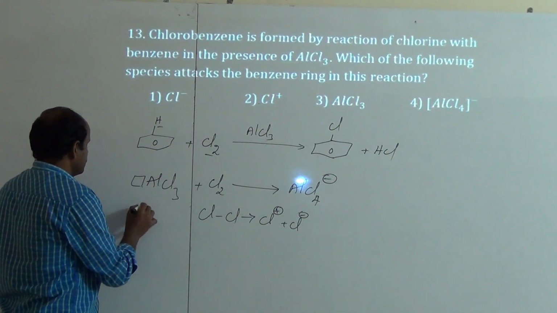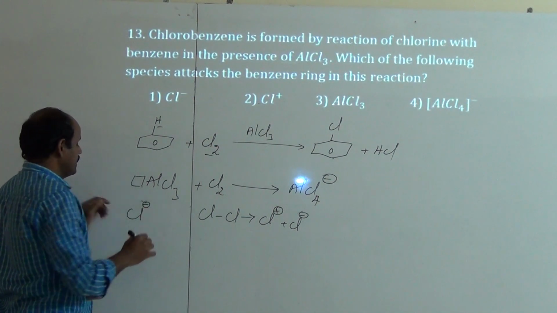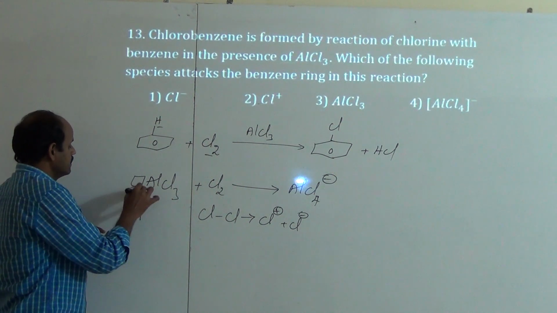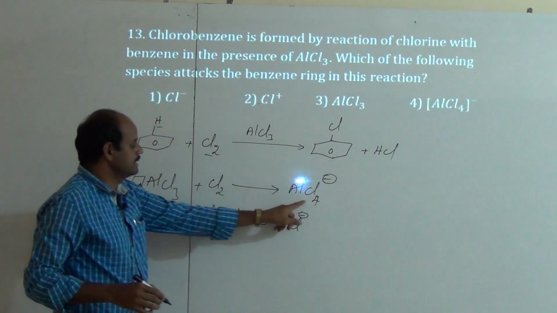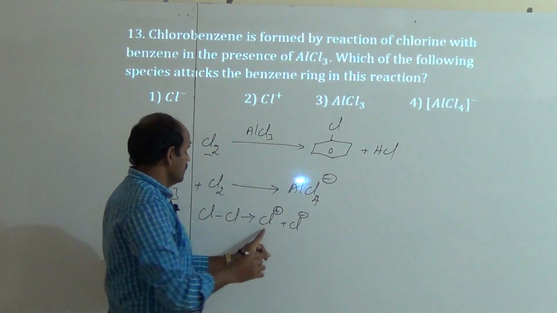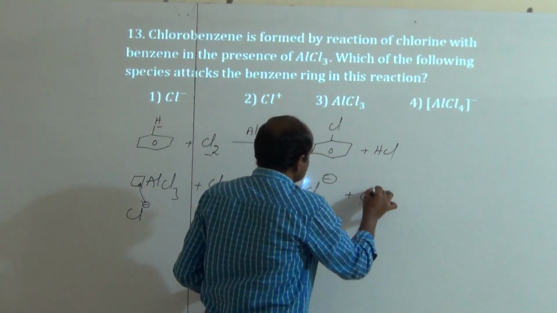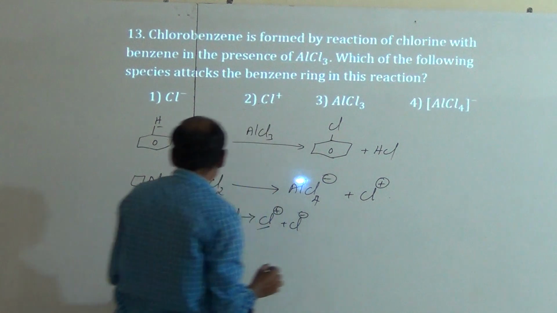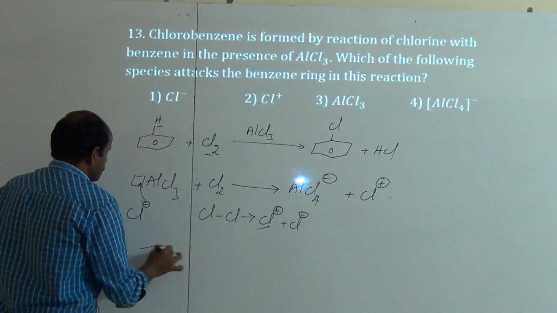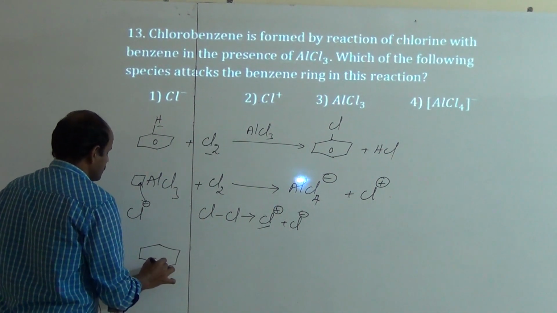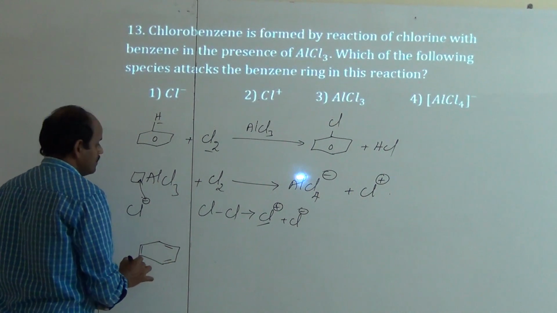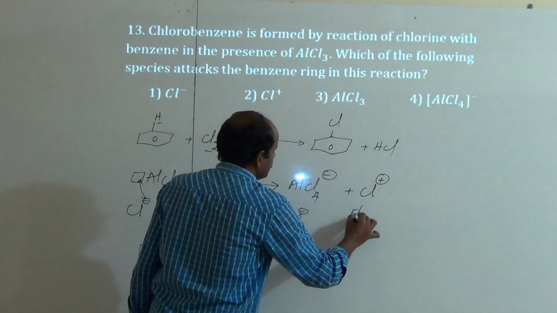Cl minus has two electrons, so it can attack the aluminum, thus we get AlCl4 minus. Then what is the remaining one? Here Cl plus is there. That Cl plus, a positively charged species, is called an electrophile. So it is the electrophile.